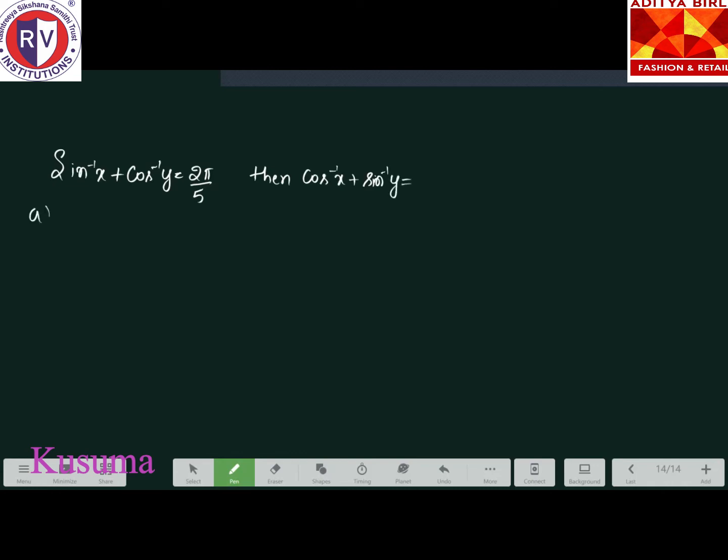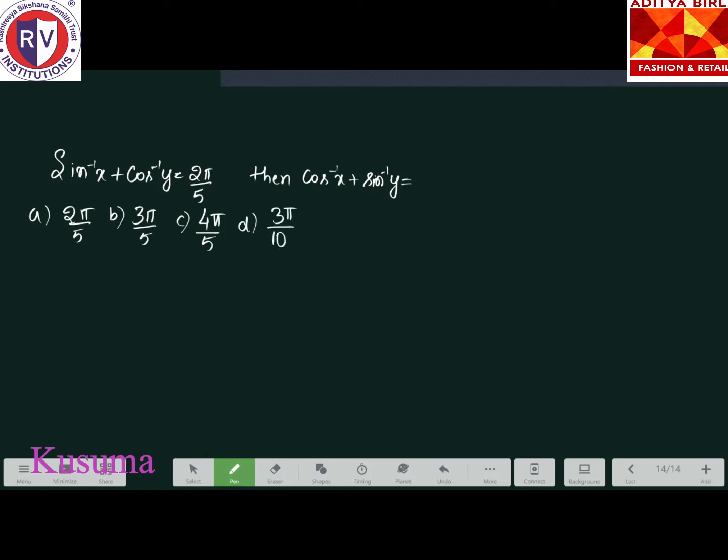Options are: A, 2 pi by 5. Option B is 3 pi by 5. Option C is 4 pi by 5. And option D is 3 pi by 10.